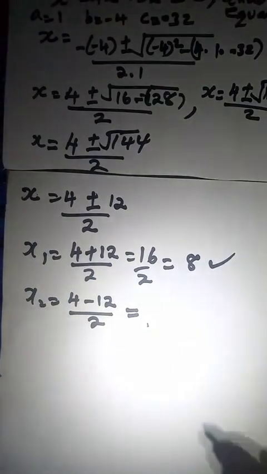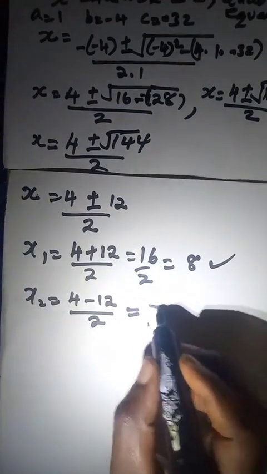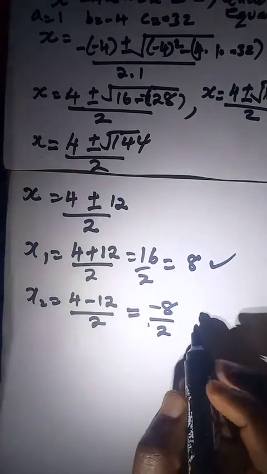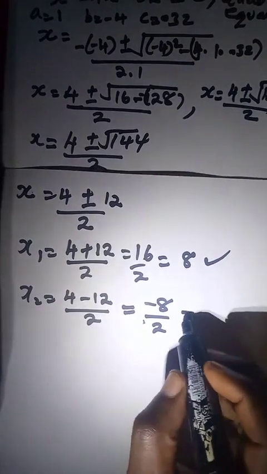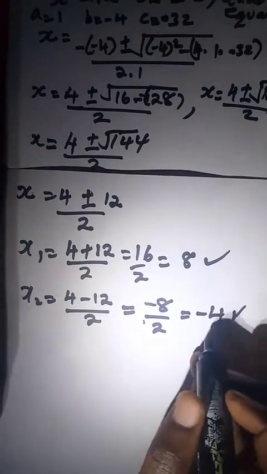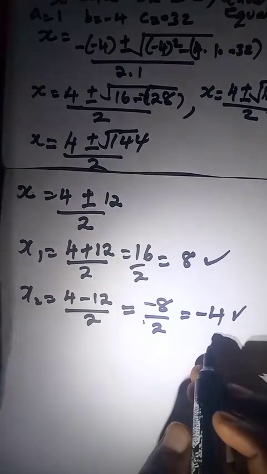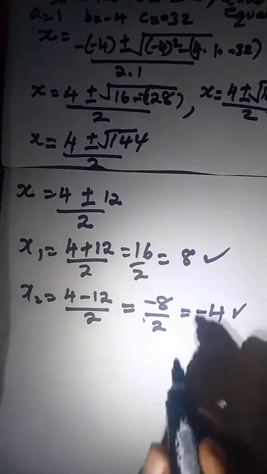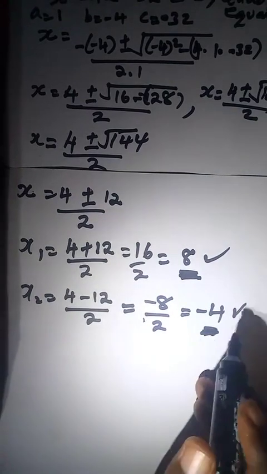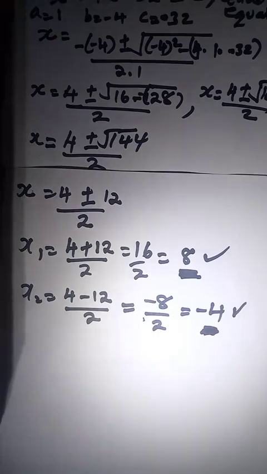So you get 4 minus 12, you get negative 8 divided by 2. Of course, I'm going to get the second value of x as negative 4. Using the quadratic formula, this is the first value of x and the second value of x using that first method.